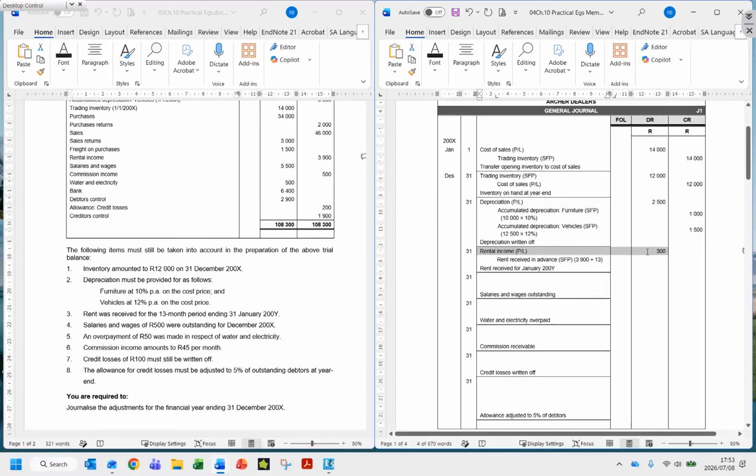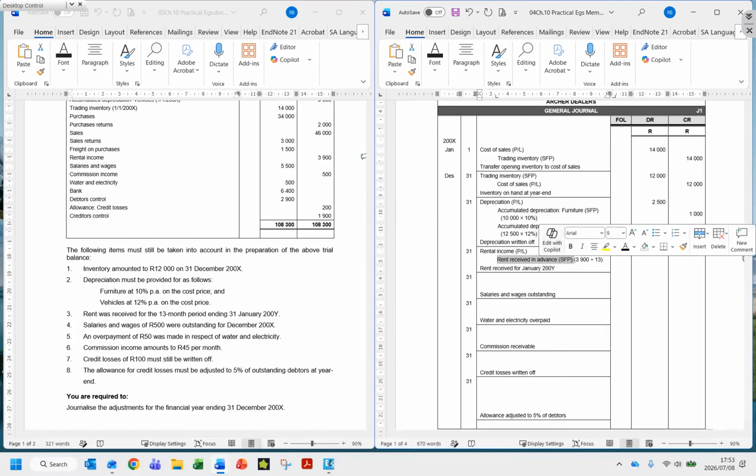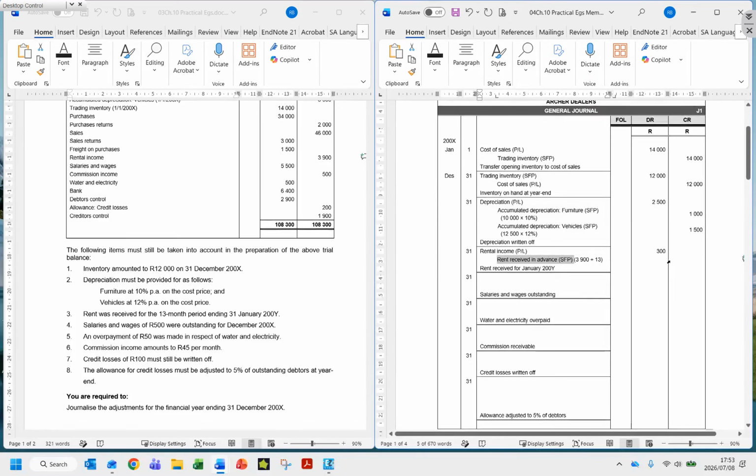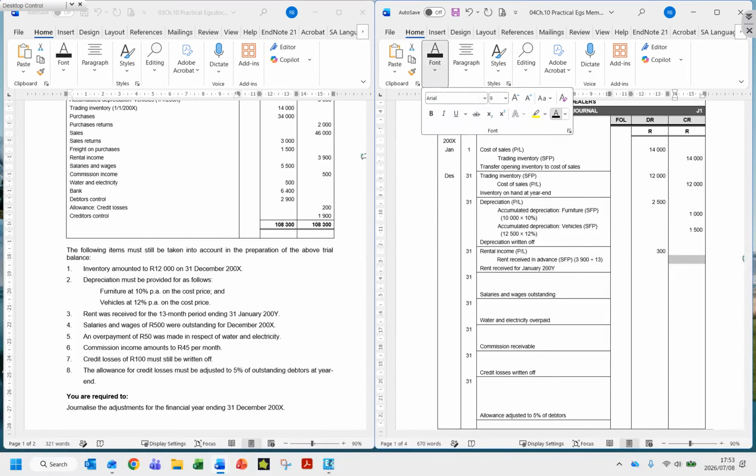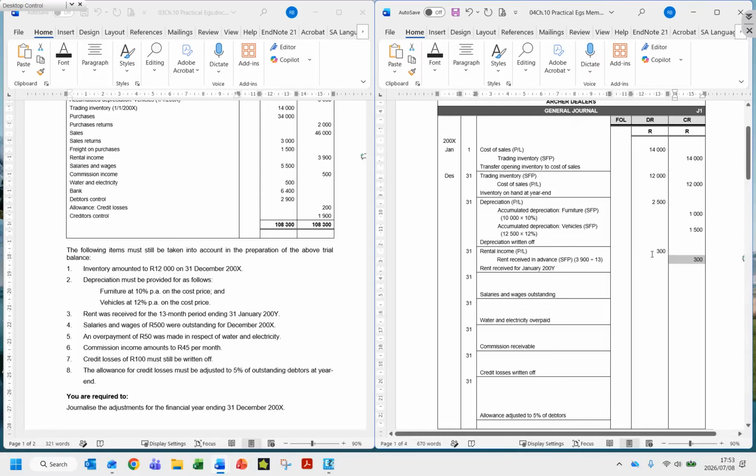So you need to reduce your income account by debiting it, and remember to say that it's a statement of profit or loss item, and then you credit rent received in advance, and this new account that you create is always a statement of financial position item, and we credit that account with 300 Rand. So I've reduced my income with 300.